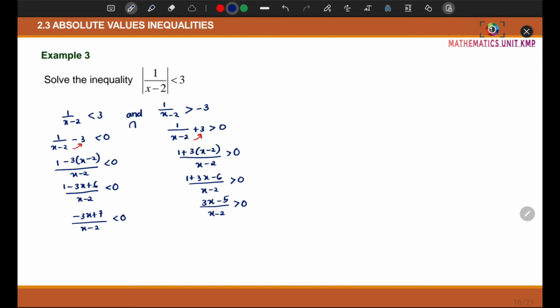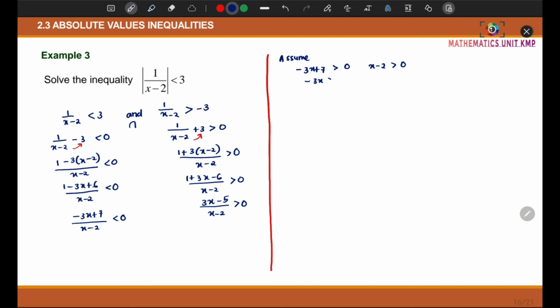Remember from the previous lecture in the topic of rational inequality, we want to solve the rational inequality by using the positive number line. Positive number line means that we need to assume, from the left, negative 3x plus 7 greater than 0 and x minus 2 greater than 0.